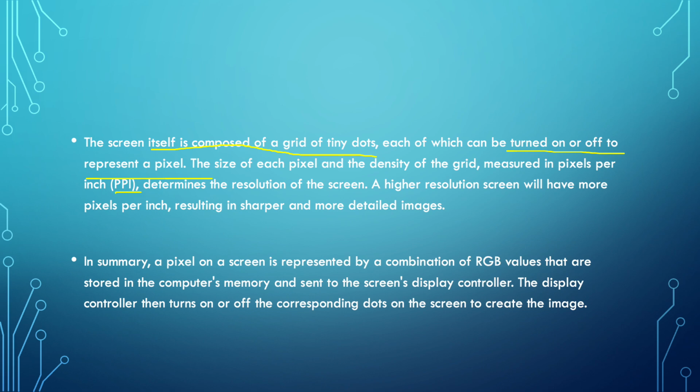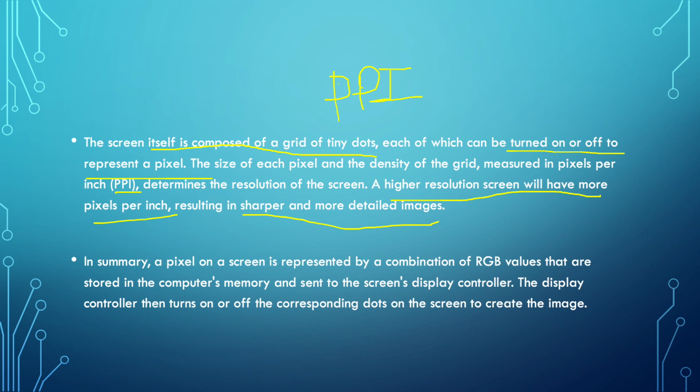PPI, or pixels per inch, determines the resolution of the screen. A higher resolution screen will have more pixels per inch, resulting in sharper and more detailed images.